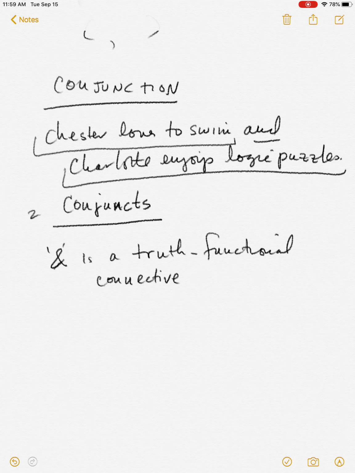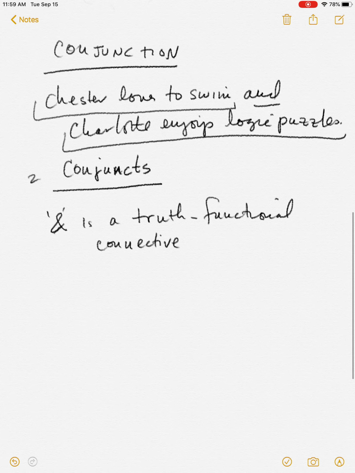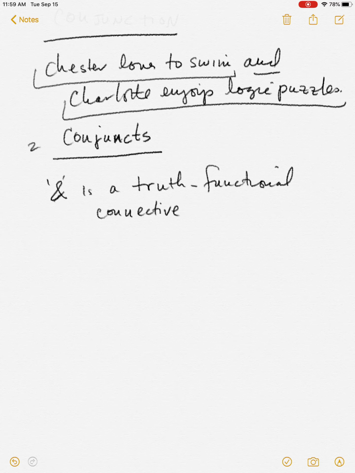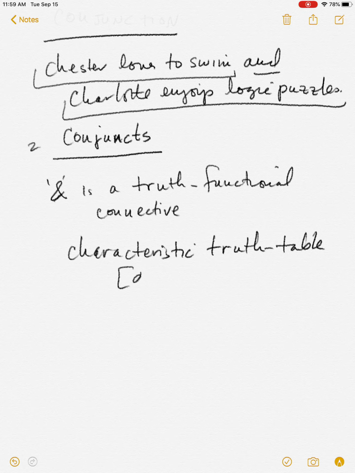And so what we're going to do is we're going to give a definition of the ampersand, this truth functional connective of SL, by means of what we call its characteristic truth table. This is going to provide the definition of the ampersand.